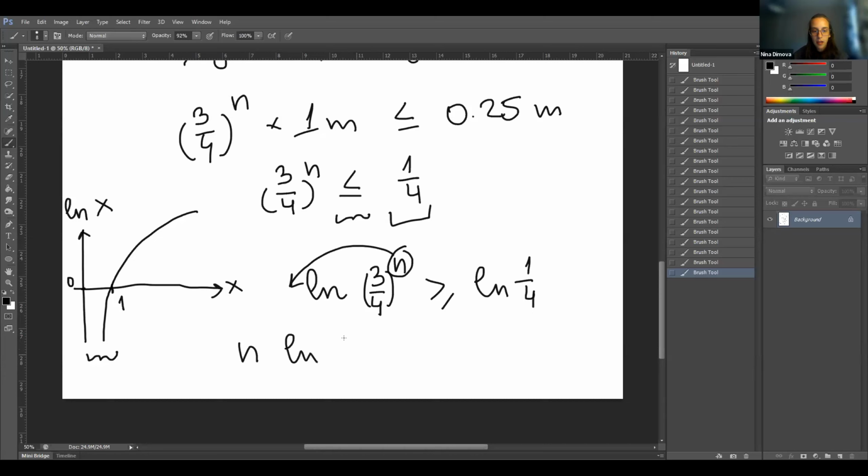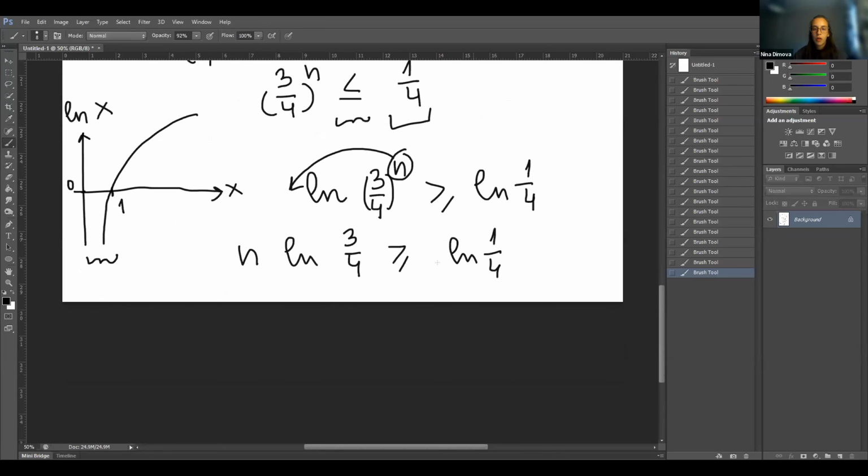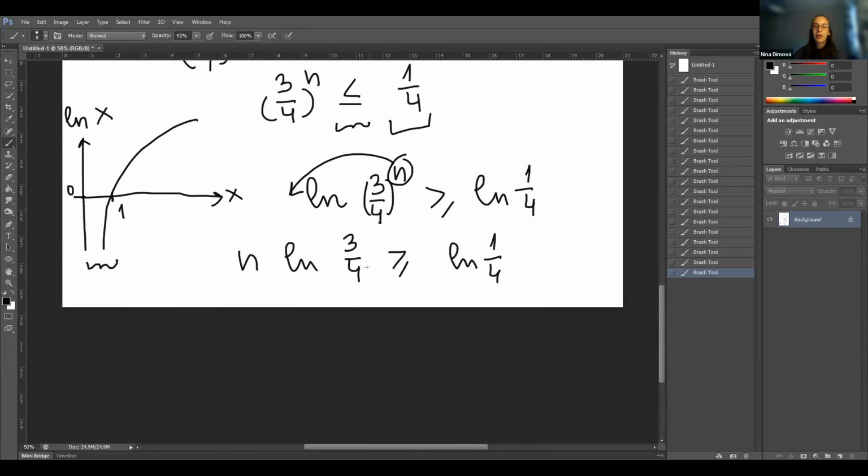So n times log 3/4 is bigger or equal to log of 1/4. And if you put in your calculator what log of 1/4 and log of 3/4 are, and you divide, and those are positive numbers, so you don't have a problem with dividing, you would get that n is bigger or equal to 4.81. So if you get to this answer, you already have more or less done the problem.